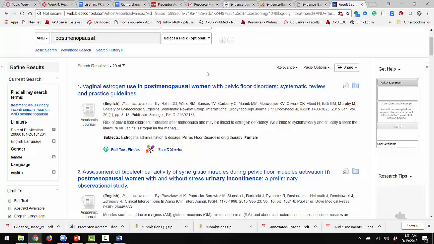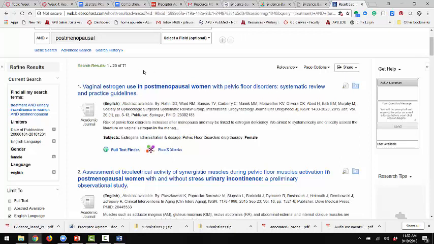So these are all things in here you put in all of these things here, your treatment, your keywords, and your limiters, and then you get a total of 71. So those are your keywords and your exclusion factors.